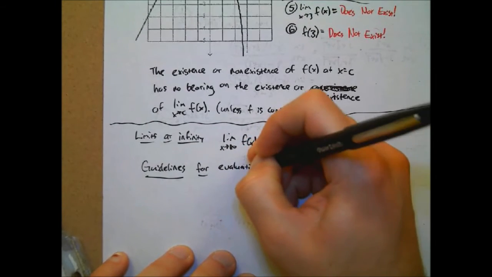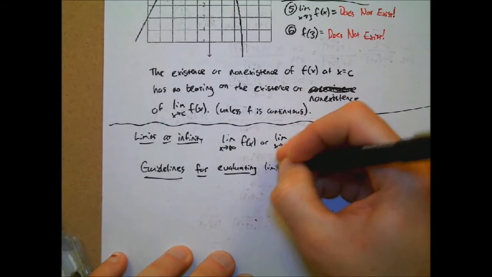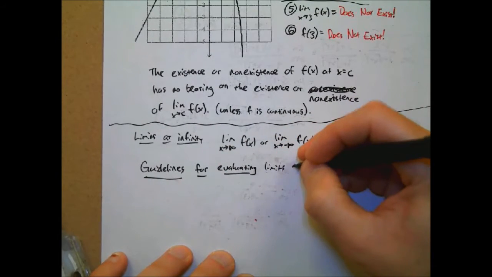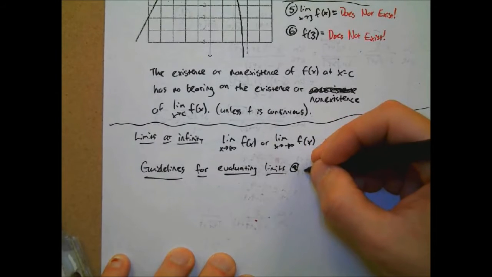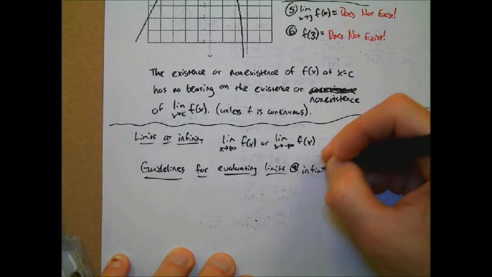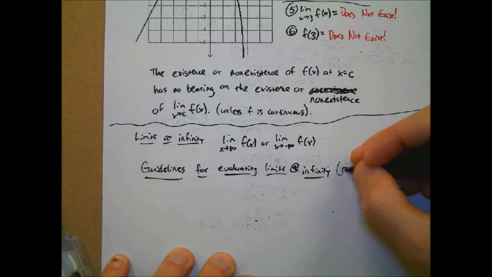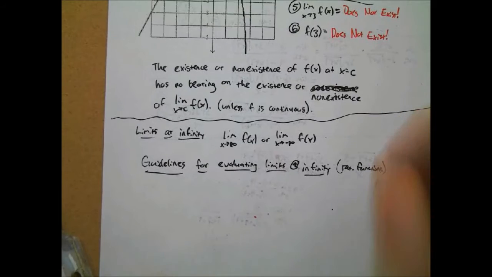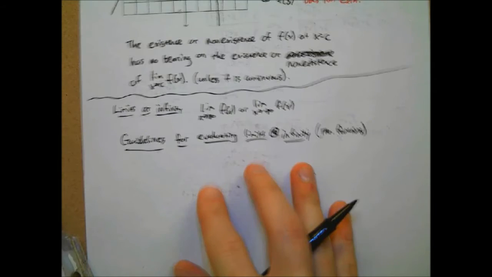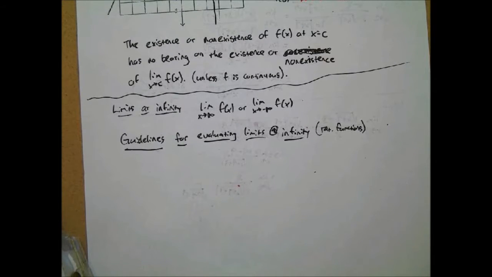We're going to talk about guidelines for evaluating limits at infinity of rational functions. We already know how to do it with polynomials, right? You just look at the degree and the lead coefficient. But for rational functions, where you have a polynomial over a polynomial, there are 3 different scenarios.